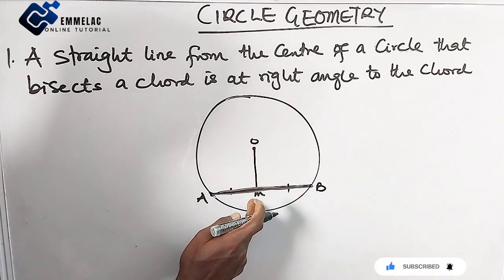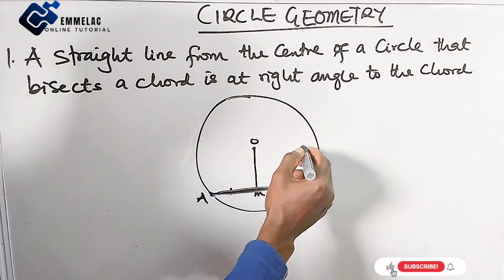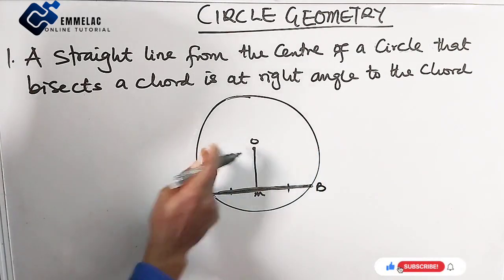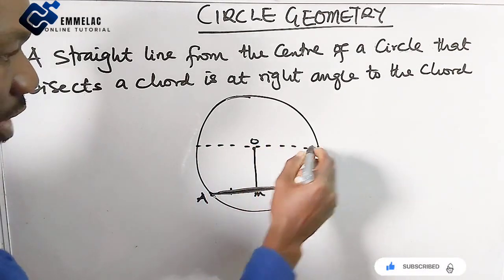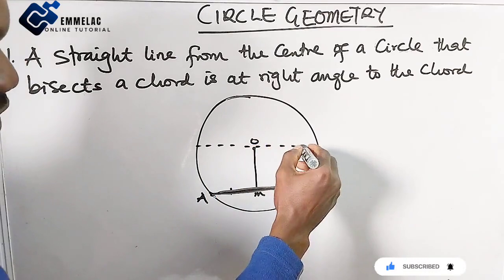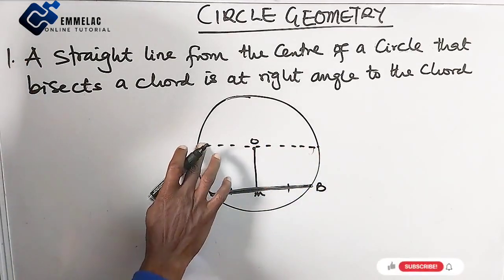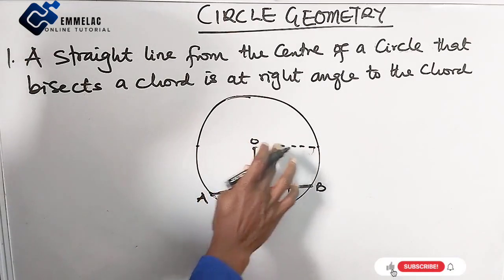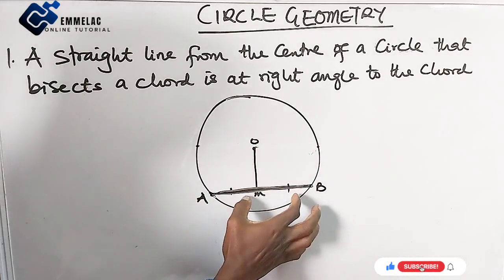But when a straight line like this passes through the center of the circle, at this point it is not a chord, it is the diameter. So having said that, this is the chord.